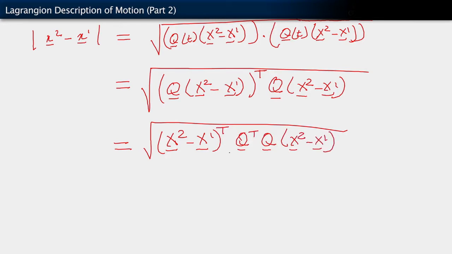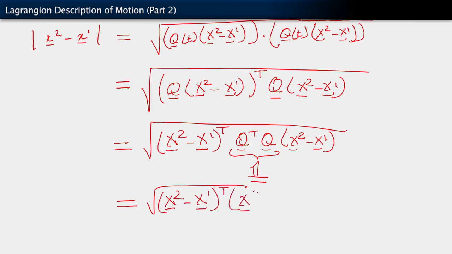For q transpose q, we know that we have the second order isotropic tensor, the identity, because q is orthogonal. So this just reduces to the square root of X2 minus X1 transpose X2 minus X1. But this, of course, we know is just the magnitude of X2 minus X1.